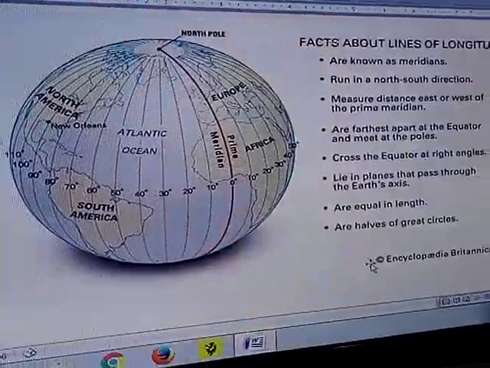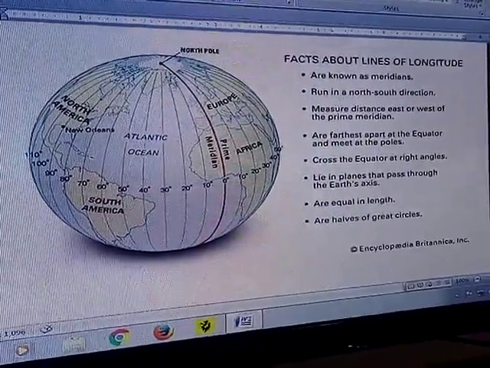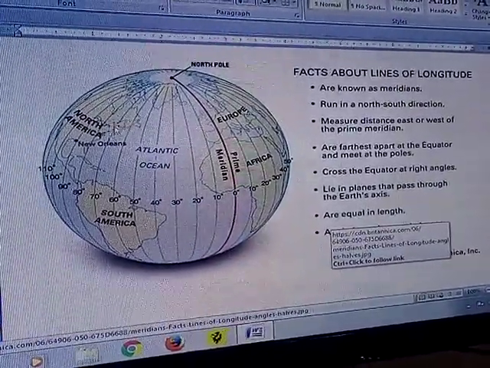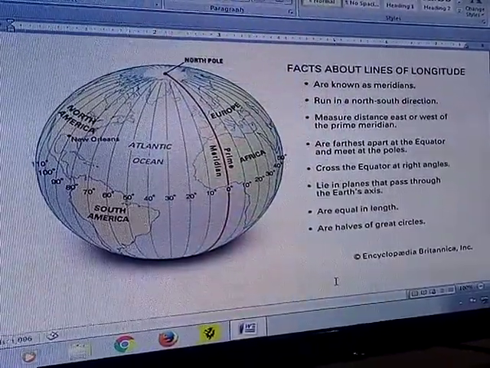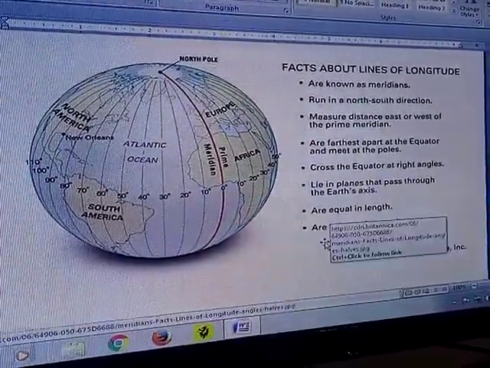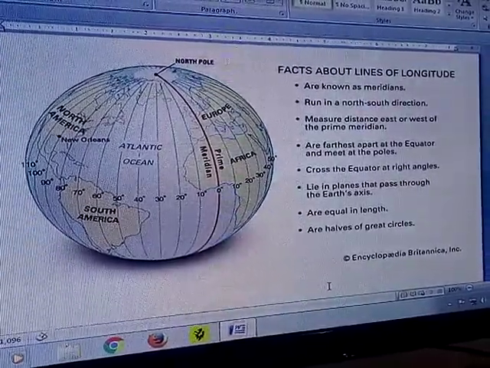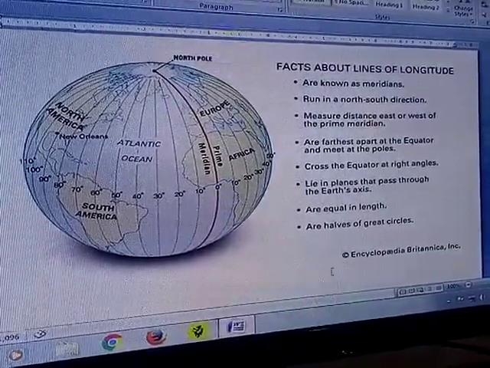So unlike the latitudes, all the longitudes are equal in length, and they are halves of great circles. Among the latitudes, only the equator is a great circle.